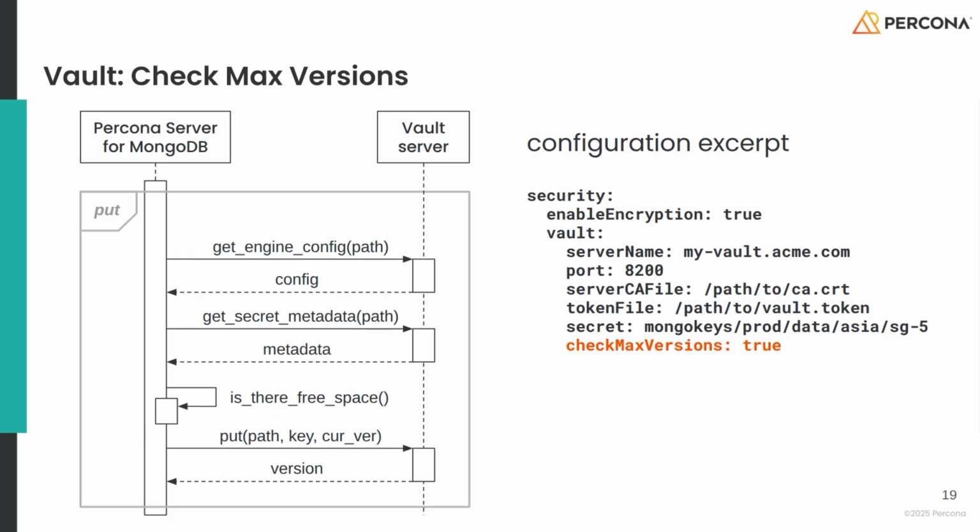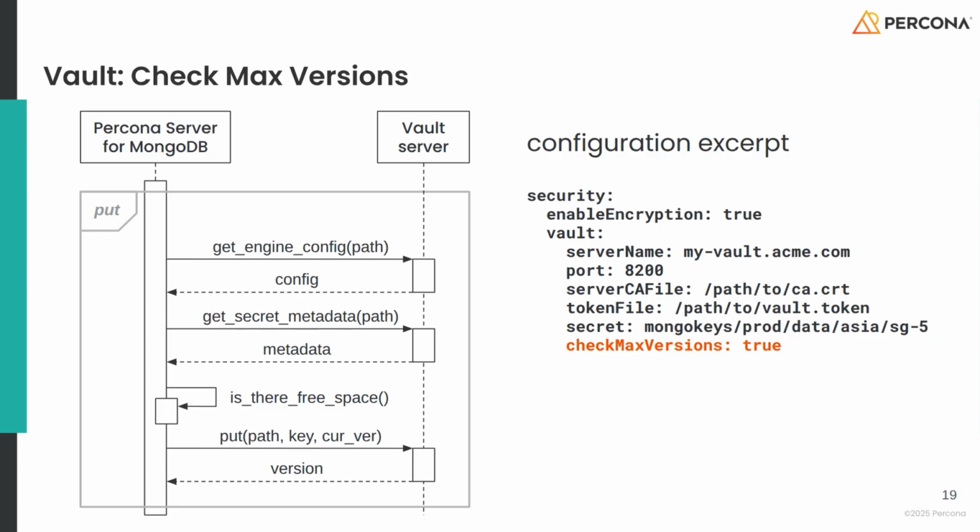That ensures that our conclusion about free space availability is still relevant. For the described mechanism to work, Percona Server for MongoDB needs additional read permissions on the Vault server. Unless those permissions are provided, Percona Server for MongoDB will refuse to put any keys on the server and will produce extensive complaints in the log about that.